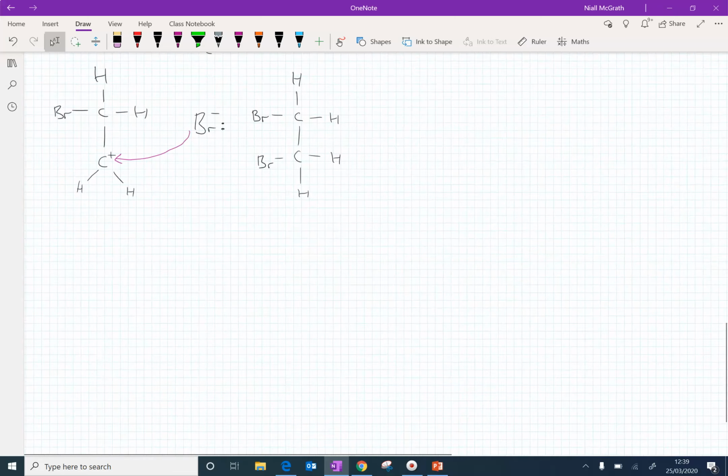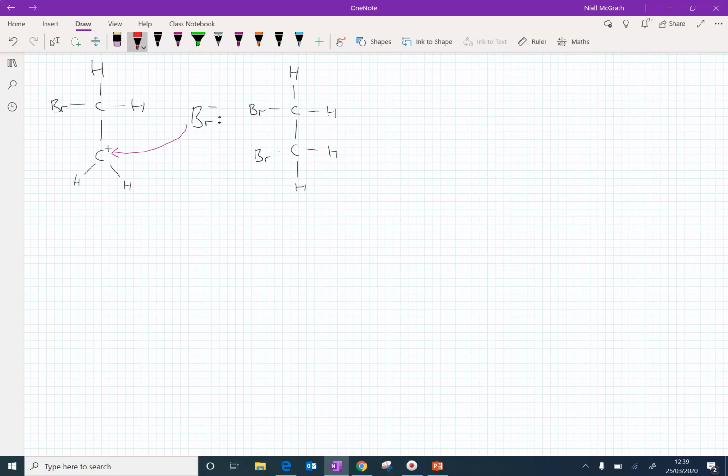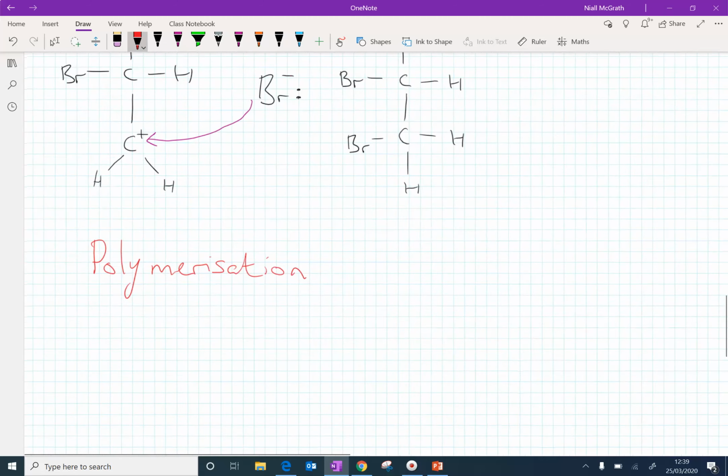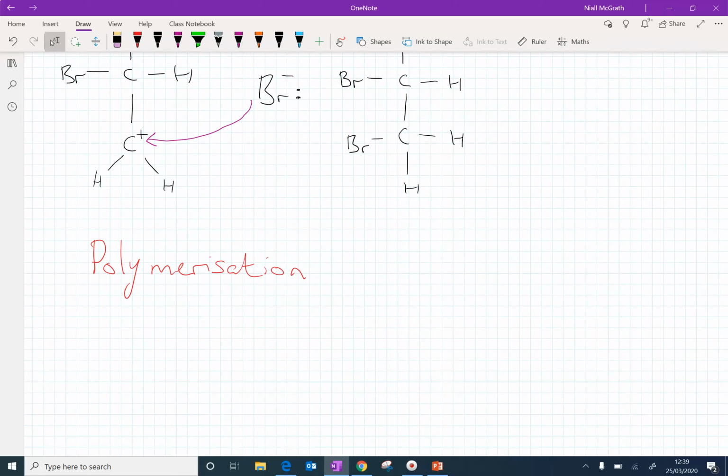Now, if we go on to our last type of addition reaction, we will look at polymerization. What polymerization is, is adding short chain molecules in order to create a long chain.